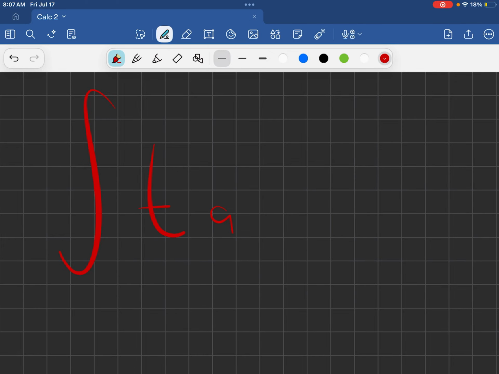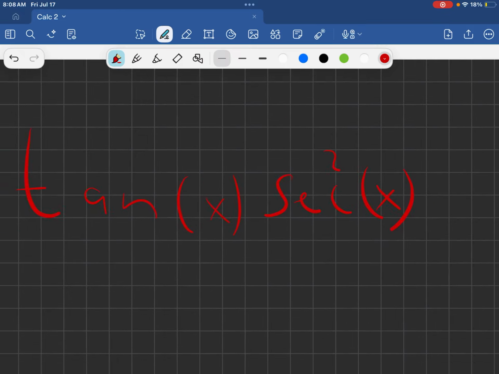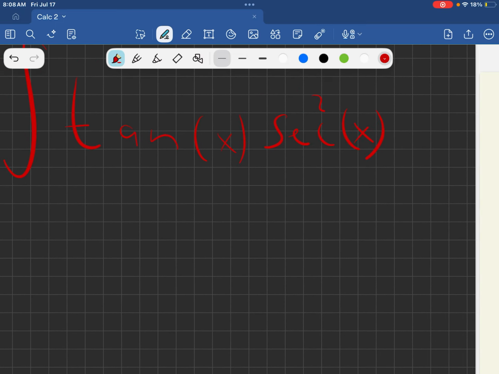So let's say you have tangent of x secant squared of x. So we're still looking for what derivative equals the other one. Just by looking at this, we see tangent of x and secant squared of x.